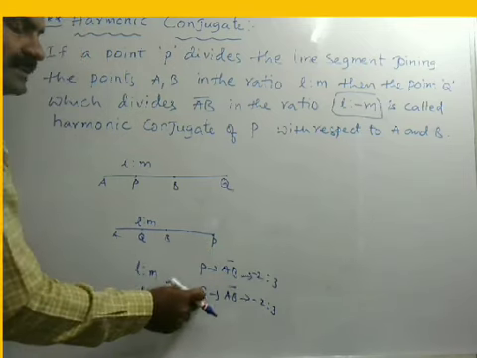Hence P is said to be the harmonic conjugate of Q, as well as Q is said to be the harmonic conjugate of P. Okay. So let us solve one problem related to this concept, that is, how can we find the harmonic conjugate of a given point.